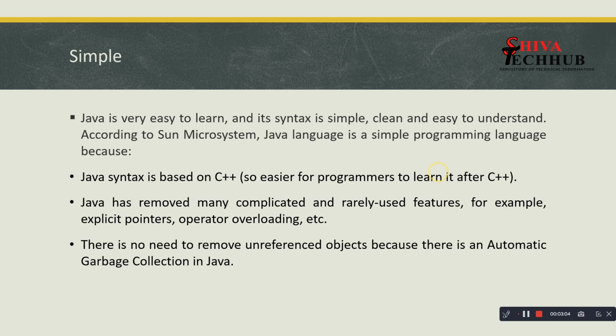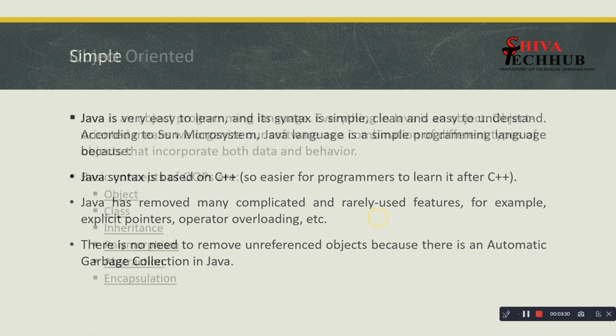For example, we will create multiple objects, and we may not use all of them. Whatever objects are not in use will be automatically released by Java. That concept is called garbage collection, and that feature is automatic in Java. That is why we call it a simple programming language.